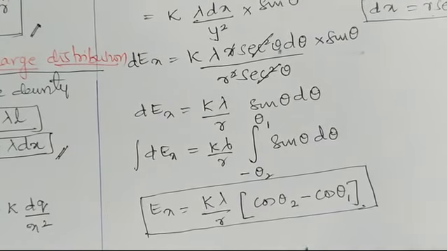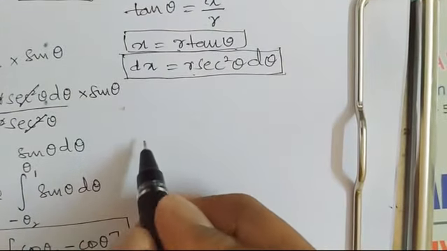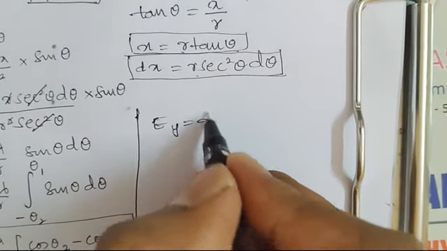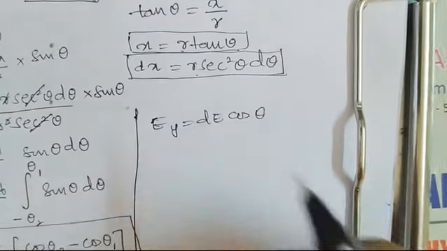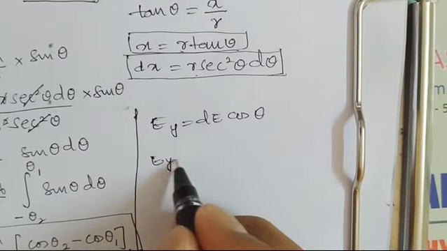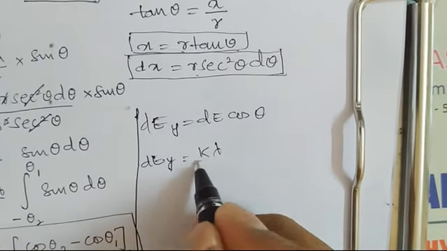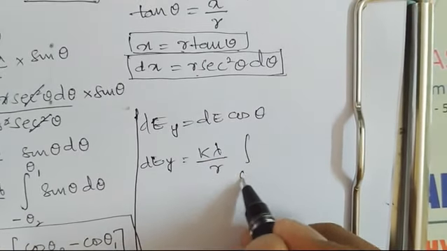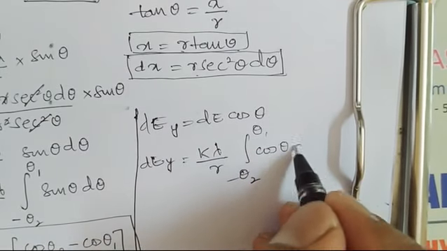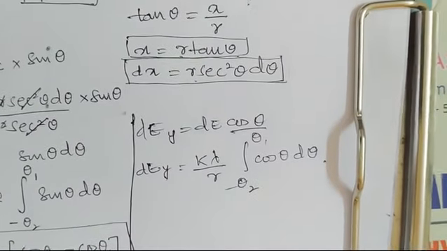So now if you want to find the electric field along y, that is Ey, that is dE cos theta. Again, if you substitute, everything will be the same, just the difference is K lambda divided by r, integration from minus theta 1 to theta 2, but here you will get cos theta.